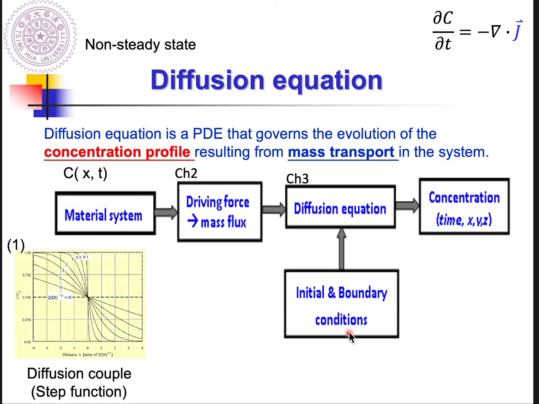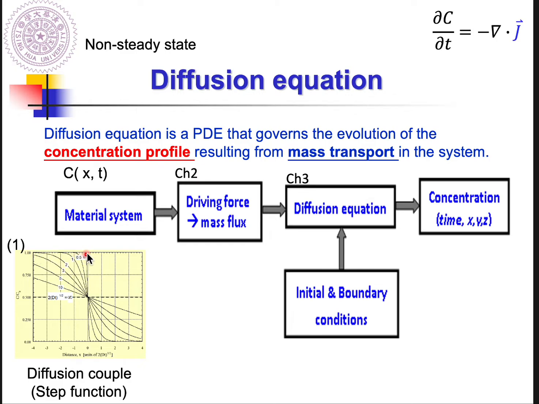So we are going to introduce three cases commonly observed in your experiments. The first one we call a diffusion couple. You bind the A material with B material, then you heat this diffusion couple up.